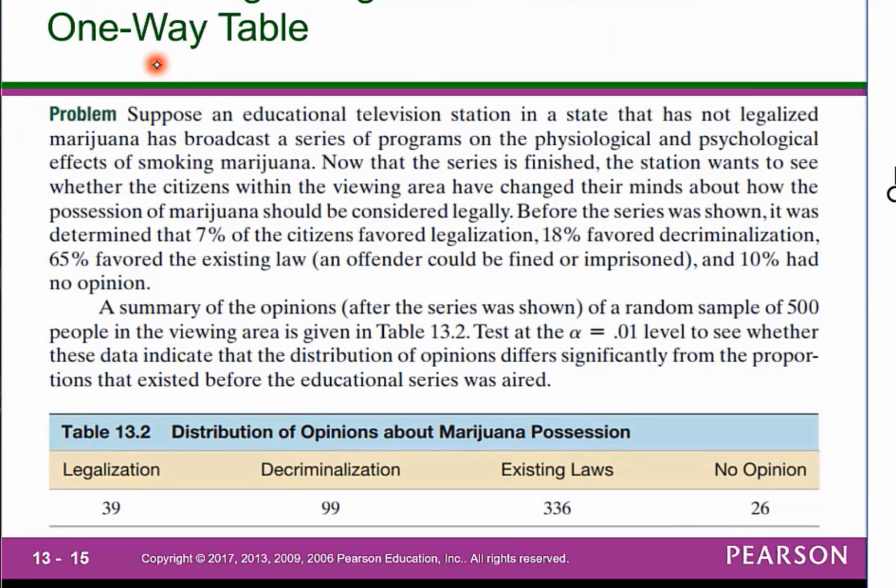A summary of the opinions after the video was shown, of a random sample of 500 people in the area, is given in the table below. Test at an alpha level of significance, type 1 error, of 0.01 to see whether these data indicate that the distribution of opinion differs significantly from the proportion that existed before the educational series was aired.